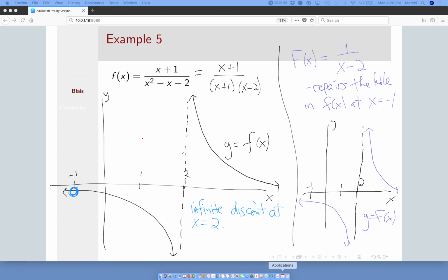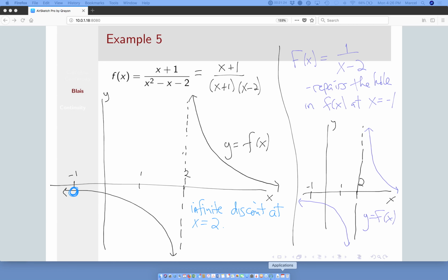And so this is how we can formally conclude that this was a removable discontinuity, because this is the function here that repairs it. This capital F of x matches little f of x at every x except the trouble spot, but it fixes things at the trouble spot.